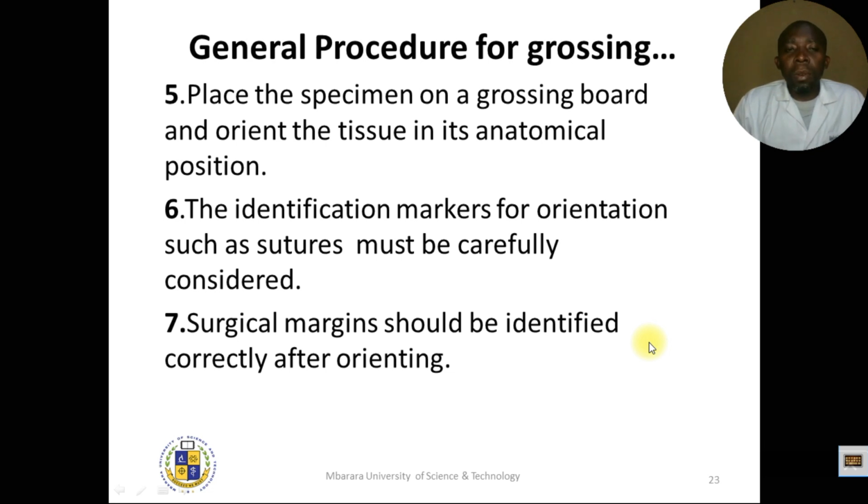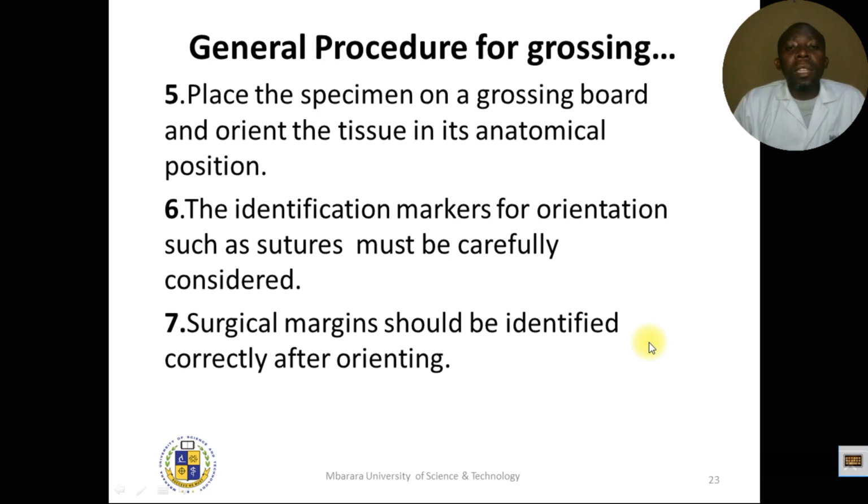So you orient it on the board, and this will help you to identify the different margins, the superior, the anterior, the lateral, and it will give you a proper description of the tissue. Now for example, like the breast, you need to even mention whether it is a left breast or a right breast.